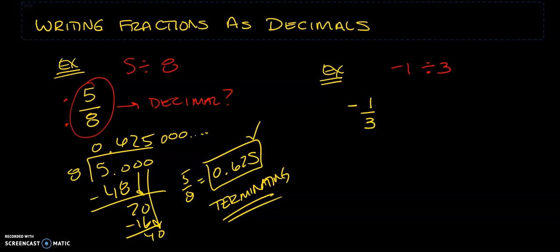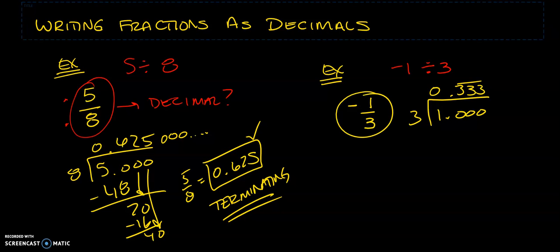What about -1/3? Hey, how about you just disregard the negative for a moment and just divide 1 by 3. Now, we know what this is. This is going to be 0.333. So we're dealing with repeating, right? Because we know that 1/3 is 0.3 repeating. Now, you can do the longhand division there if you like, but hopefully this is another one that you want to remember.